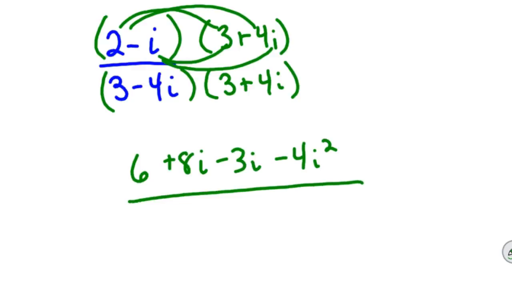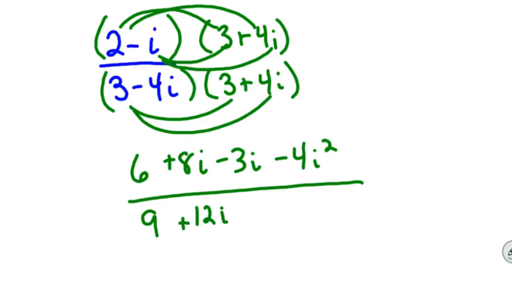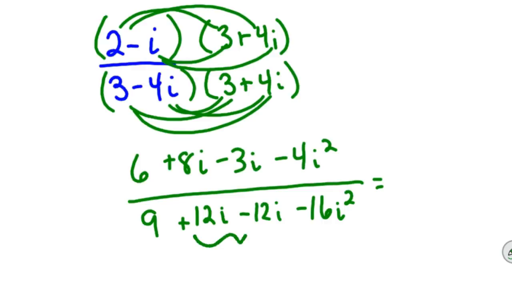And on the bottom, you do the same thing. You would have 9 plus 12i minus 12i minus 16i squared. And what's cool then is, again, on the bottom, this 12i and negative 12i are 0.